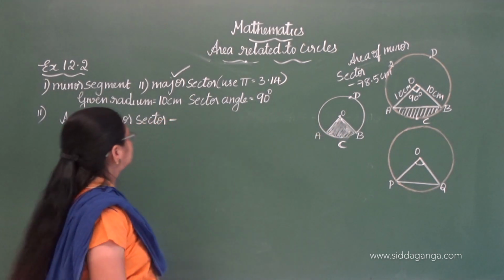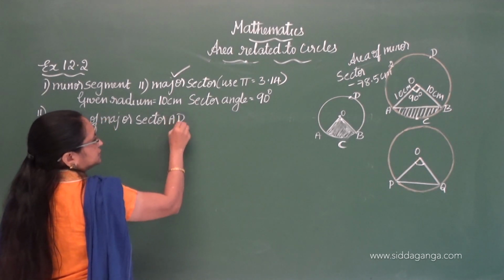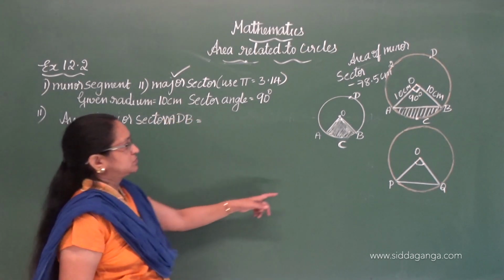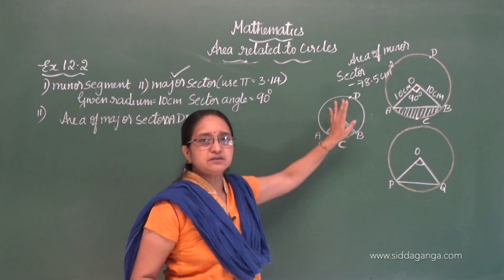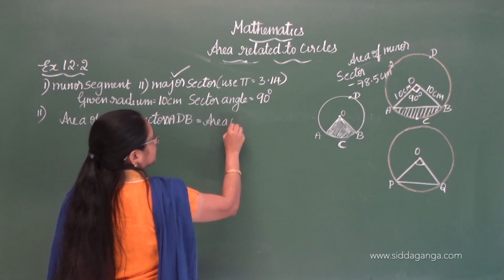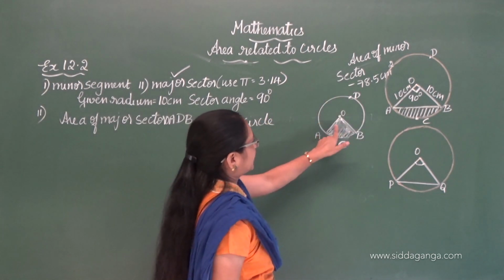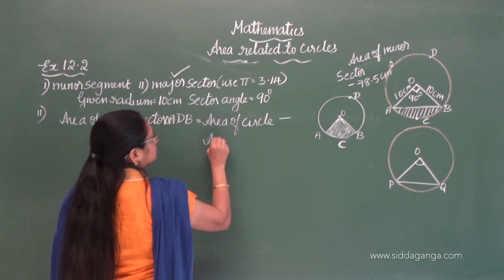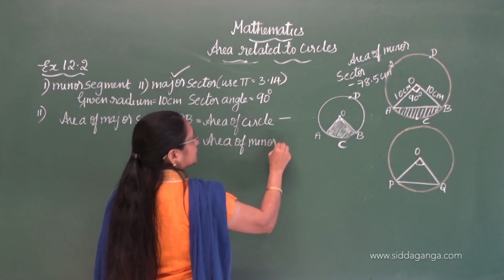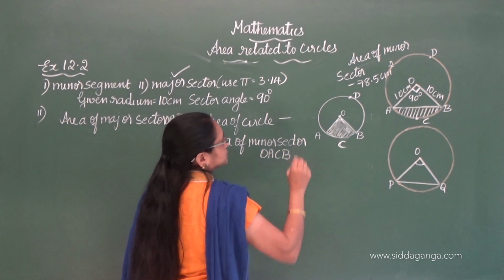See, area of major sector. Major sector means here A, D, B. Or you can write OADB also. See here, OADB is the major sector. Now, area of major sector is equal to area of circle minus area of minor sector, or you can just write the name, minor sector OACB.